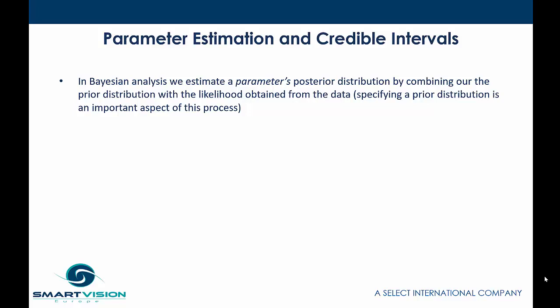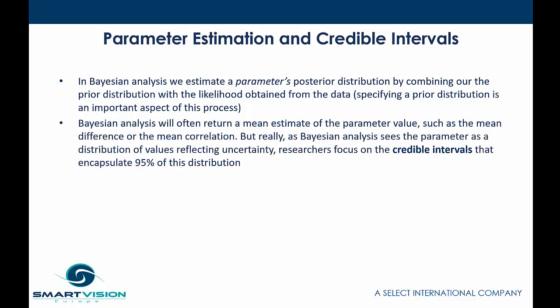So our prior takes the form of a distribution as well, about which we normally provide some sort of information, such as the anticipated mean and variance. In Bayesian analysis, we're estimating a parameter's posterior distribution by combining our prior distribution information with the likelihood obtained from the data. So specifying a prior distribution is an important aspect of this process.